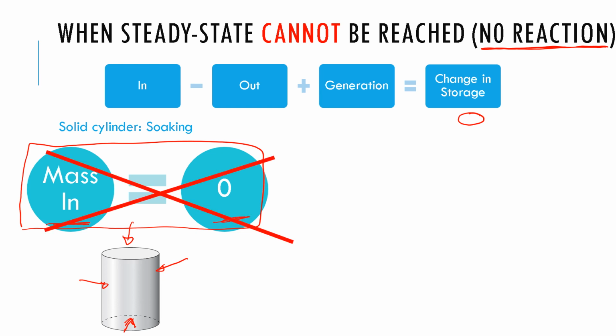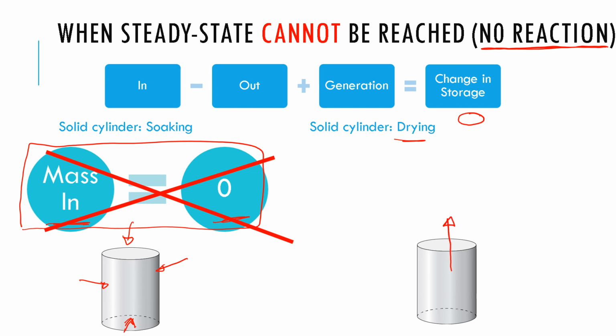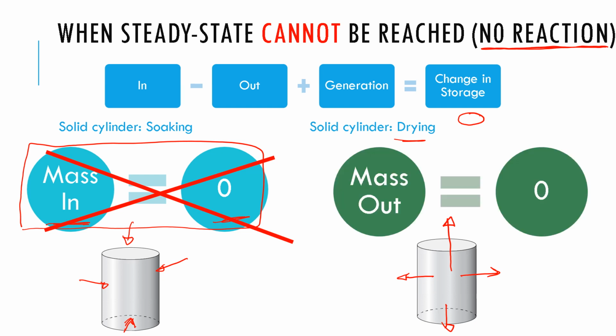In another situation, that is simple drying, let's say a fluid is constantly going out. To reach steady state, then this has to be true.